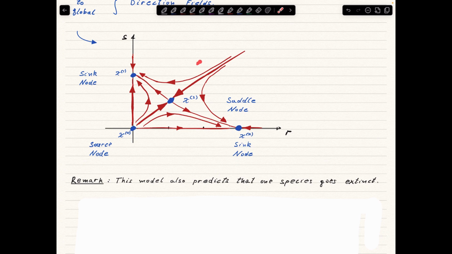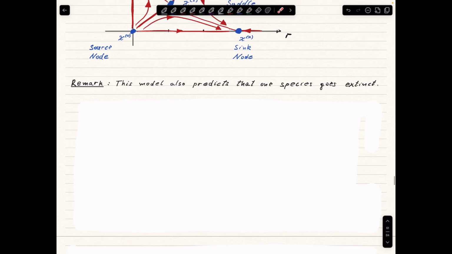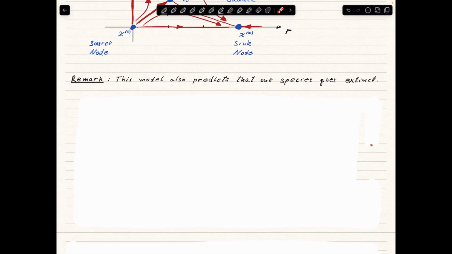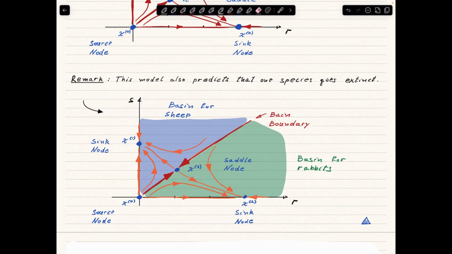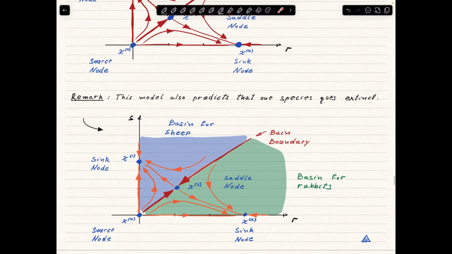And if we start here, the solution is going to go there. So sheep is going to be different from 0, but rabbit is going to be 0. So this model, like the previous competing species model, predicts that one species always goes extinct.